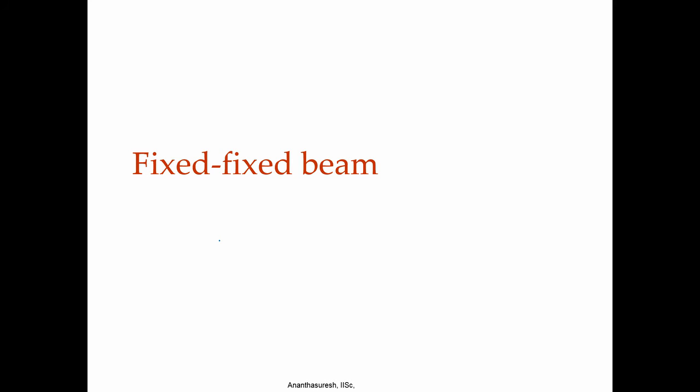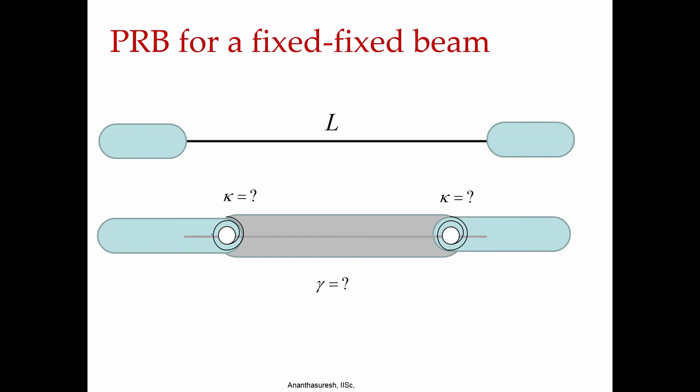Now, what about a fixed beam? A fixed beam is a little complicated. Unfortunately, this is also the most common thing in compliant mechanisms, and the pseudo rigid body model for that is a little bit tricky, because arriving at what gamma we need to take and what kappa we need to take at either end is dependent on the load.